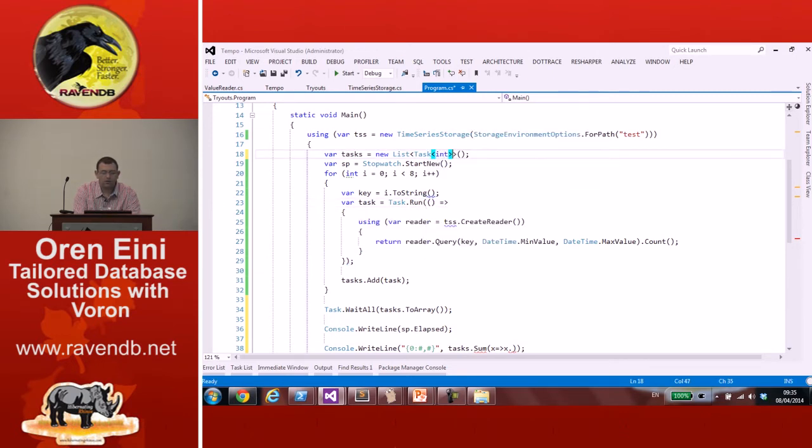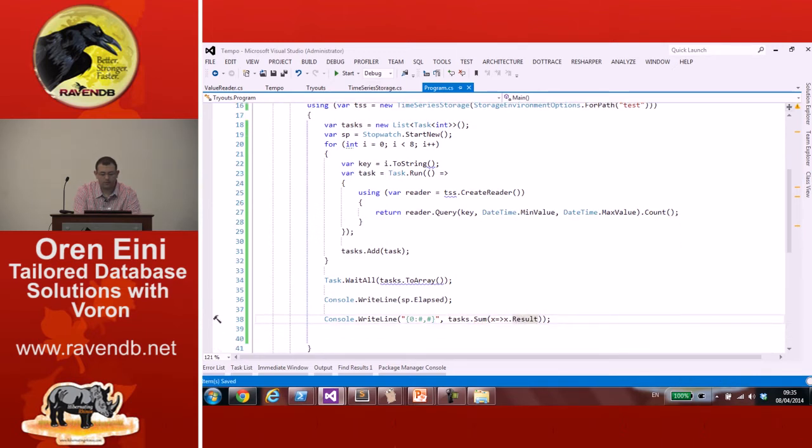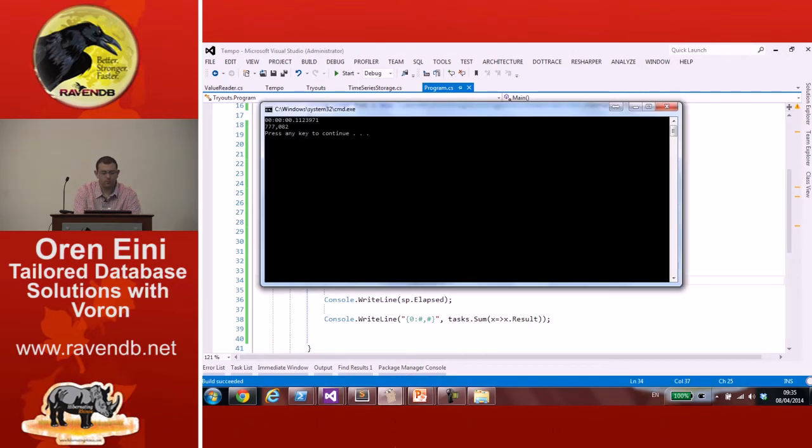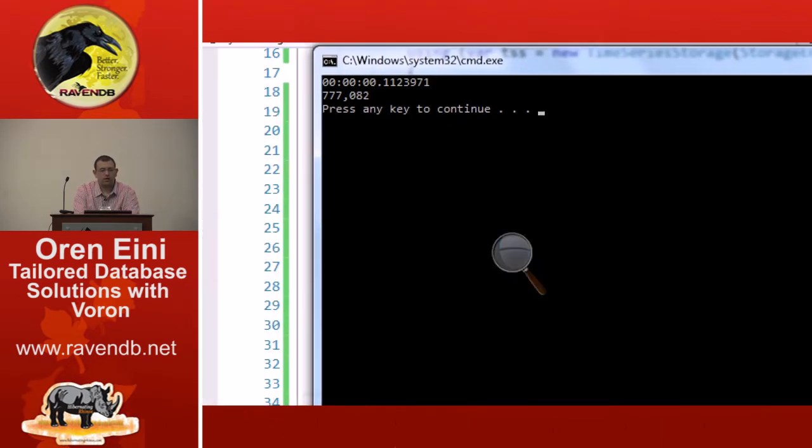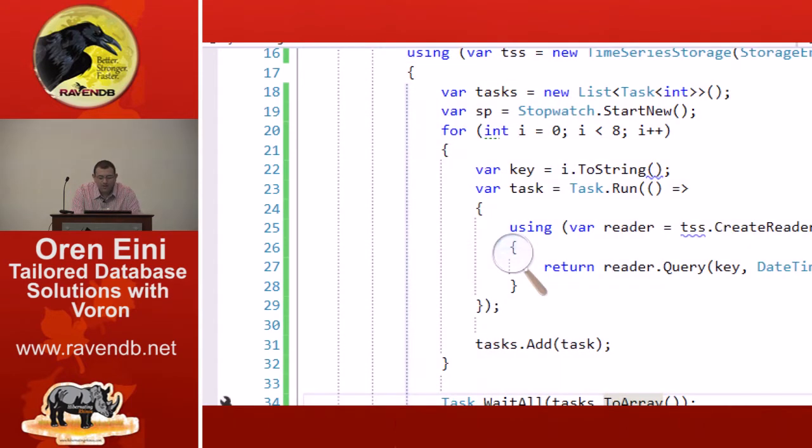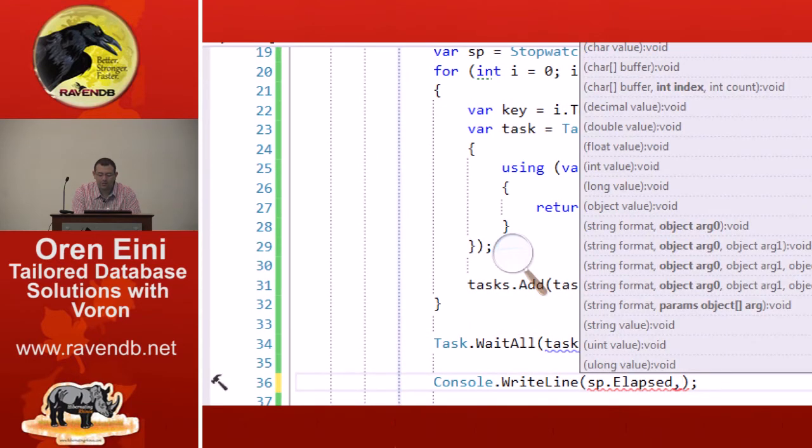Task of int. Okay. So that was it. So I don't think that we can actually use, let's try this one.